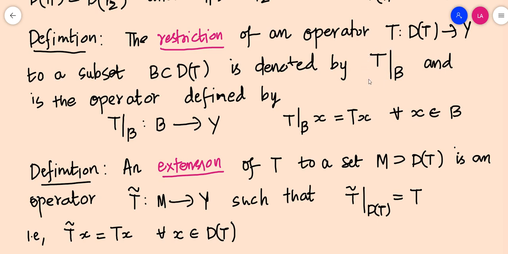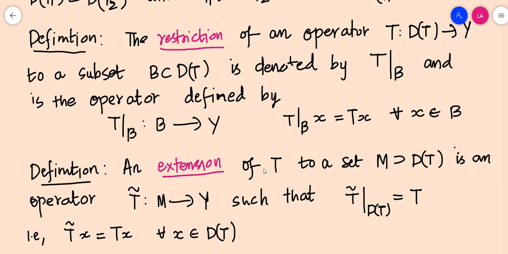Then T is called an extension of this operator, T restricted to B. What we are doing is we are defining an operator, then we are considering a subset of the domain of the operator, and we are restricting that operator onto the subset. The new operator, which is defined on the subset, is called the restriction. And then the original operator can be termed as the extension of the new operator.